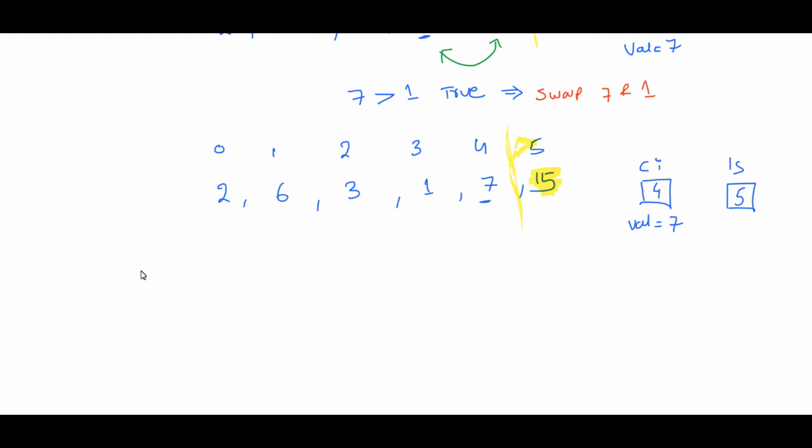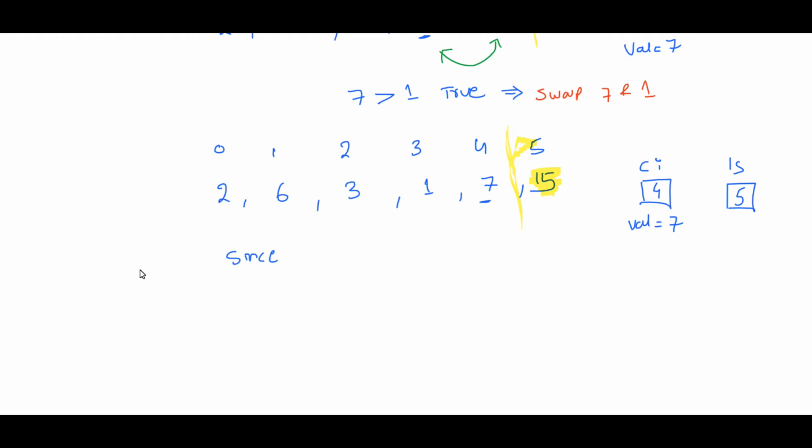And as we know, there is no point in comparing the value at position 4 with the value at position 5, because we know the value at position 5, which is what LS is pointing to, is already sorted. So we will stop our sort here and we're going to upgrade our LS.